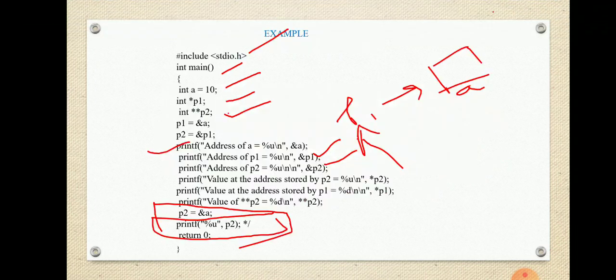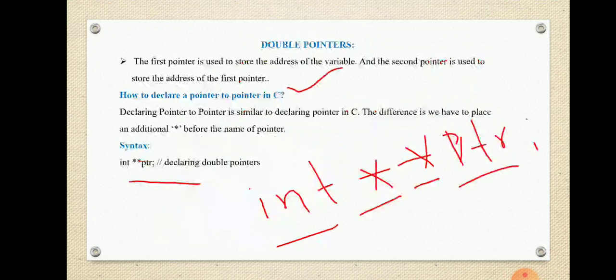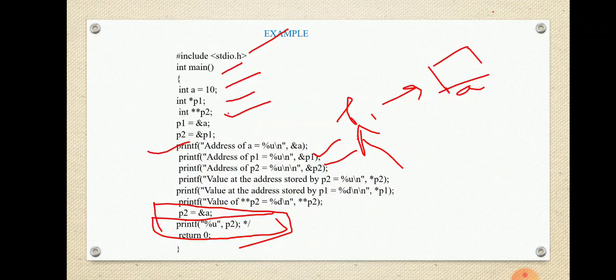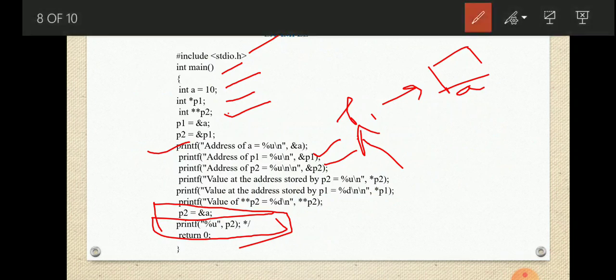So I have again told you that when P2 equals to address of A is written, it is invalid. And in printf, I am printing P2. So P2 equals to address of A will give an error.